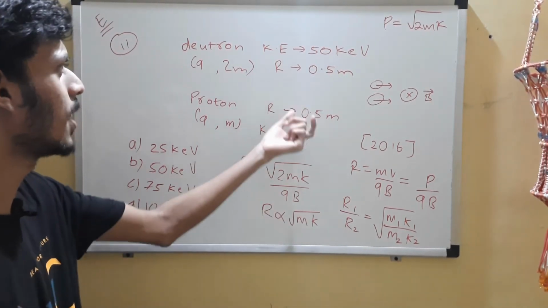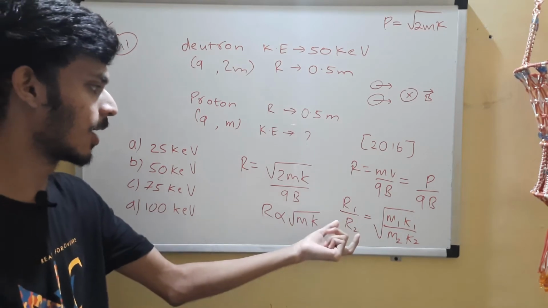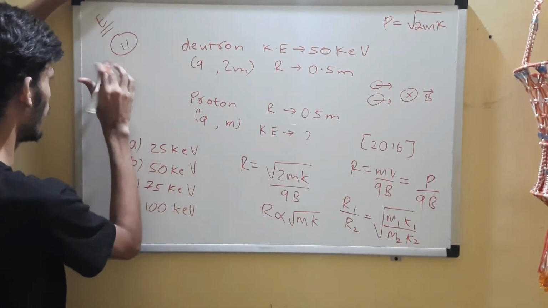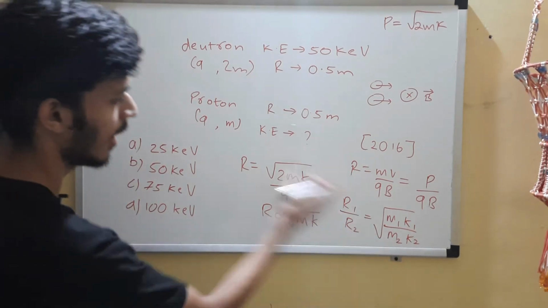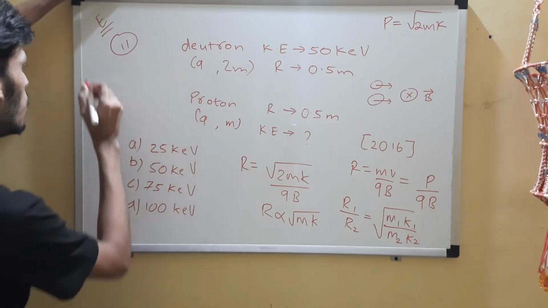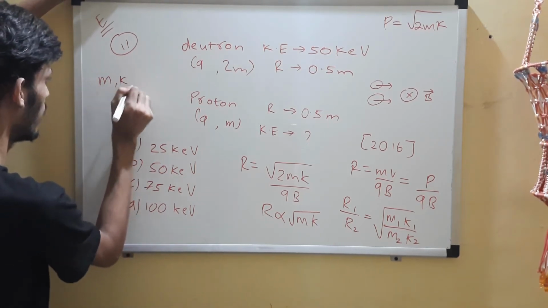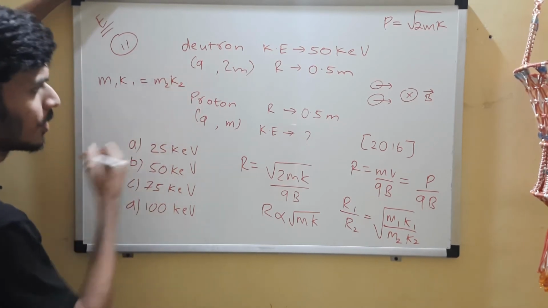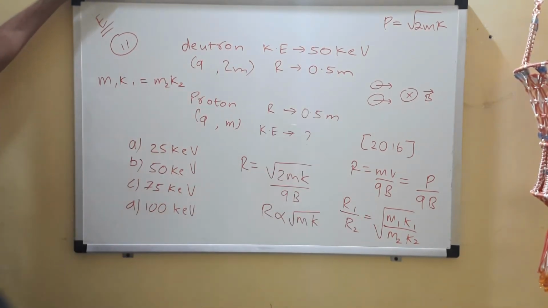You can see r1 by r2 is 0.5 by 0.5, which gives 1. So you can simply write under root m1 k1 equals under root m2 k2. Squaring both sides, you get m1 k1 equals m2 k2. Now just substitute the values and you'll get your answer.